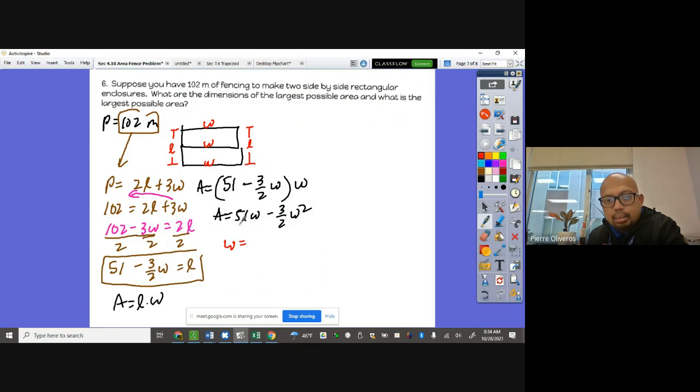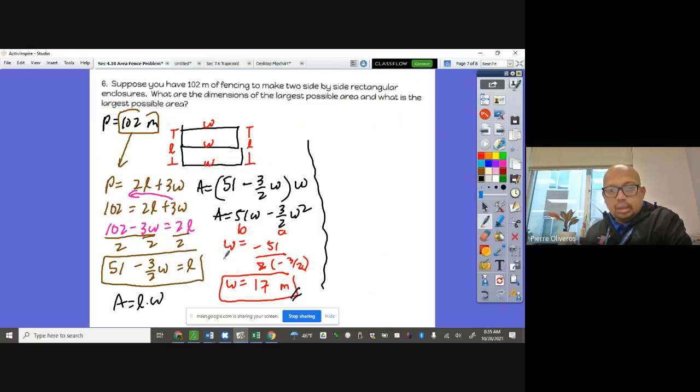By the way, this is the b and that's the a, right? Negative 51 over negative 3. A is negative 3 halves. W, how much will this give us? 51 divided by 3 will be 17 meters.